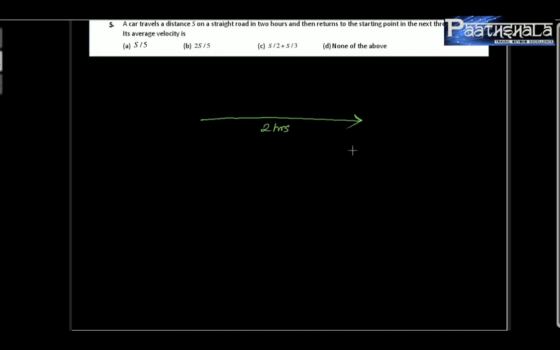They are tricking you here. This is the distance in 2 hours and this backward distance in 3 hours. What is the total displacement? Zero, no? So average velocity has to be zero, of course. So the answer is none of these.